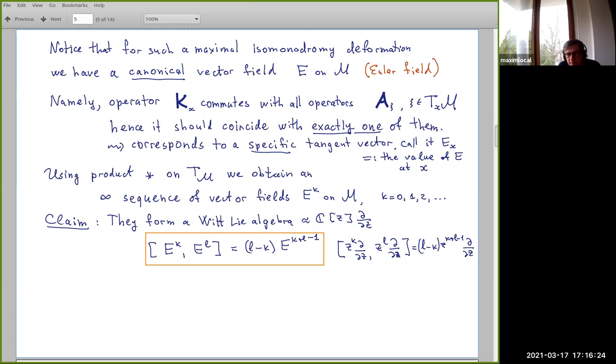And it's completely similar to the following formula. If you take z to the power k d/dz and z to the power l d/dz and take the commutator, you get (l minus k) z to the power (k plus l minus 1) d/dz. So the stupidest example of this structure will be the following. Your manifold is a line with coordinate z.